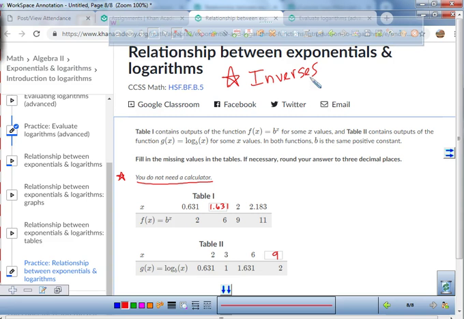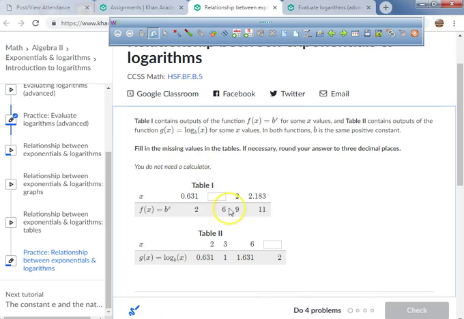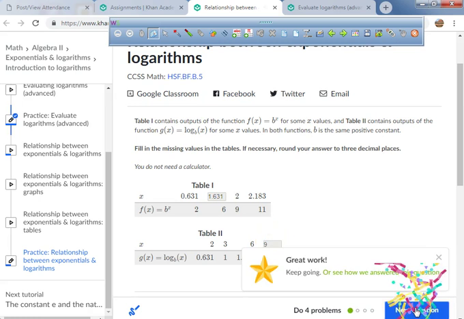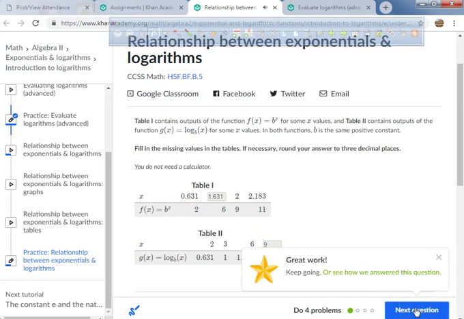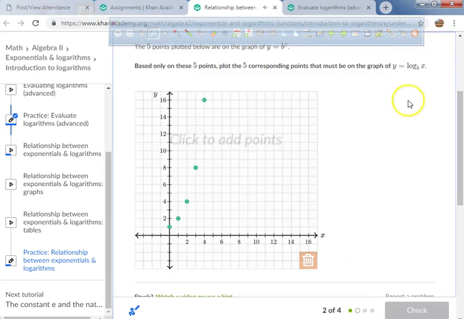Now, if I get it wrong, you get to all laugh at me, okay? But if I don't get it wrong, then, well, you don't get to laugh at me. All right, so here we go. 1.631, right? I'm going to type it in. 1.631. And over here, what am I going to type in? A number 9, 9. Woo! And you got it.